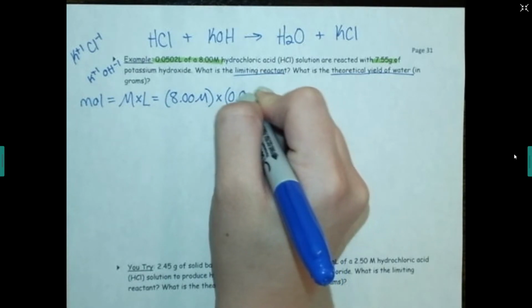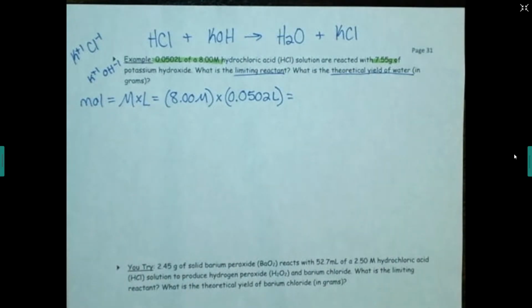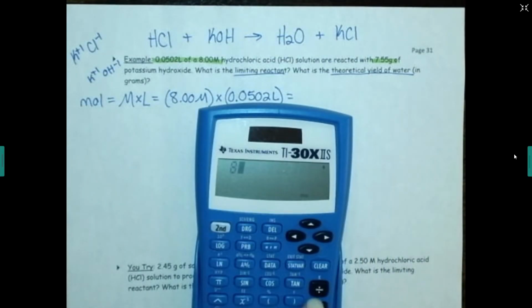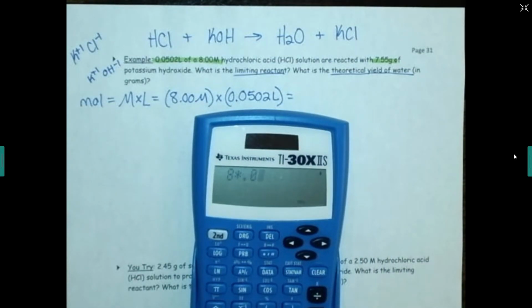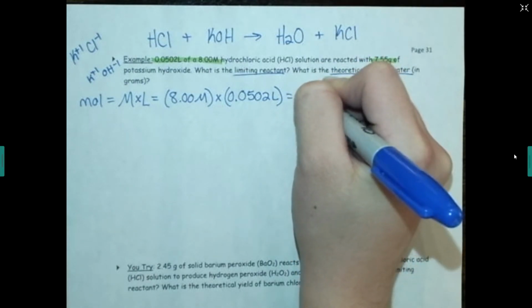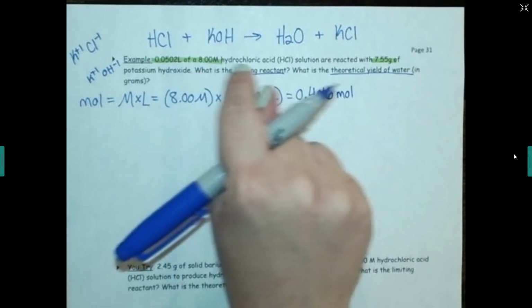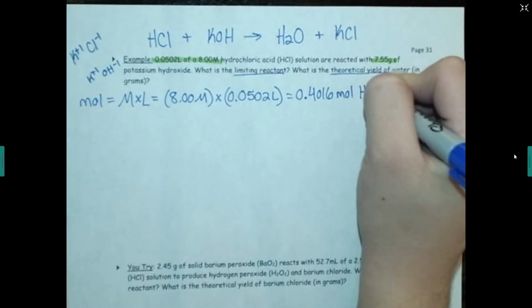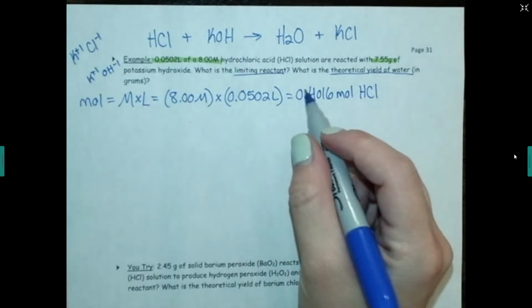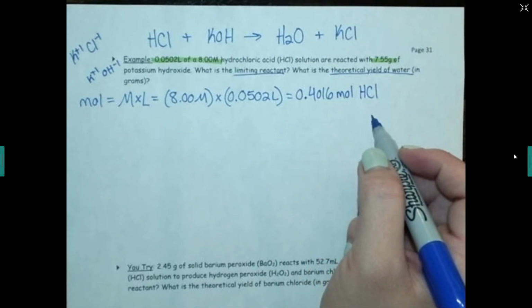When we multiply those, we get 0.4016 moles. Moles of what? Hydrochloric acid, HCl. Okay, cool. So we have how much HCl we have in moles.